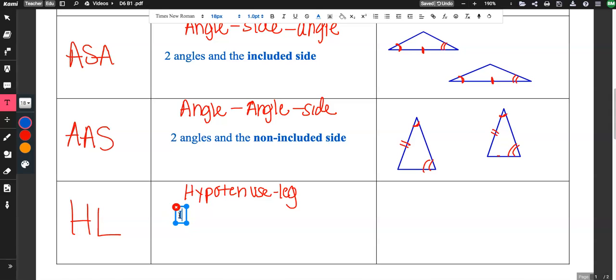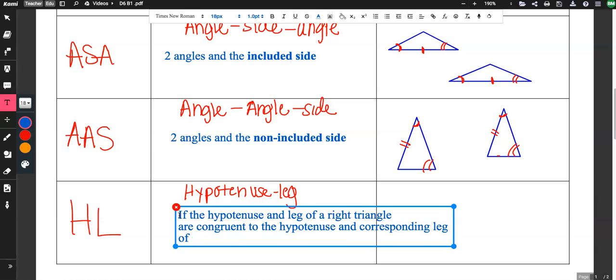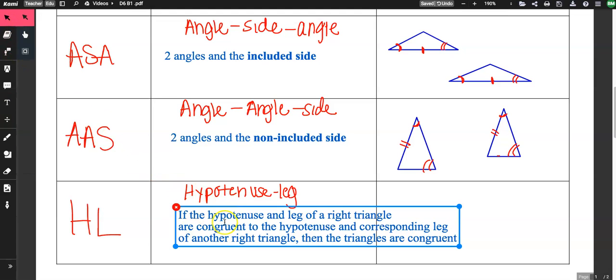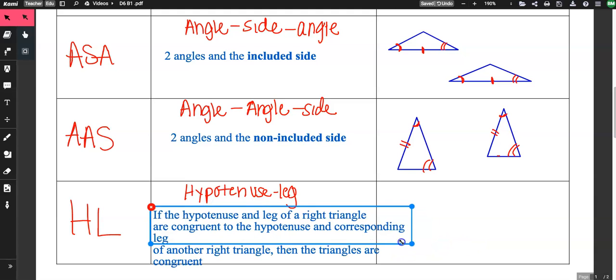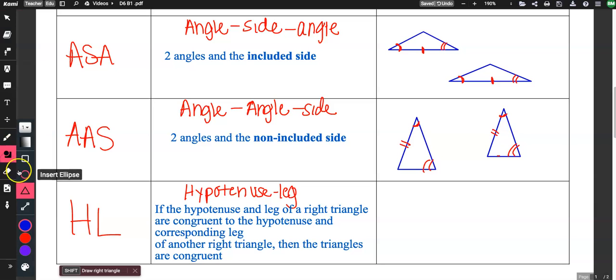So if the hypotenuse and leg of a right triangle are congruent to the hypotenuse and corresponding leg of another right triangle, then the triangles are congruent. Okay, so this is specific to right triangles only, obviously, because we're looking at hypotenuse and legs.